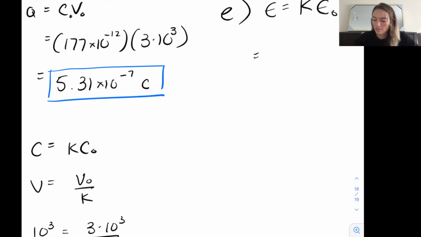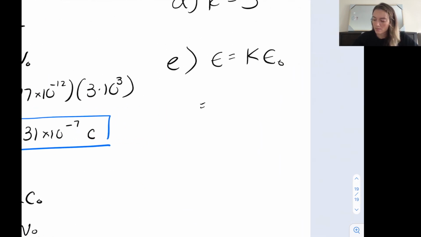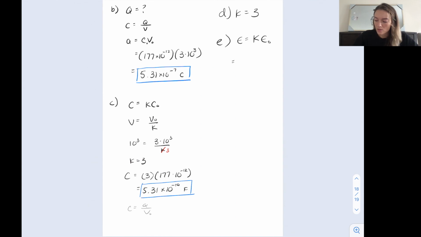So we just do 3 times 8.85 times 10 to the negative 12. And that comes out to 2.66 times 10 to the negative 11. So this is our permittivity for our dielectric. It's just the dielectric constant times epsilon naught.